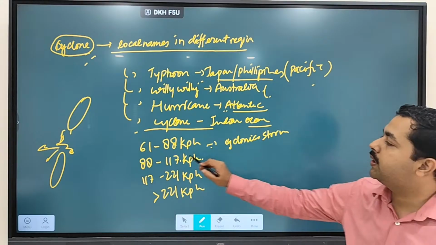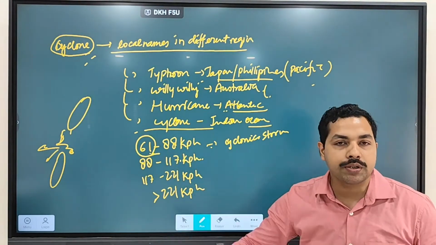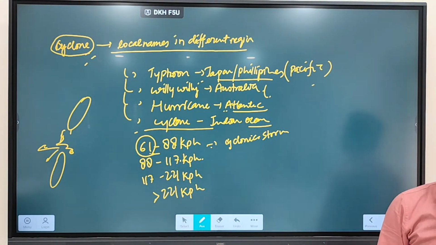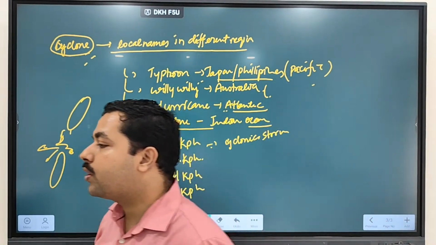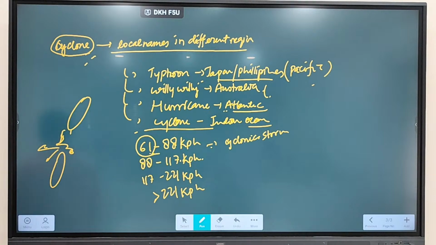So wind speed needs to be greater than 61 kilometers per hour. Okay, so when wind speed is greater than this, we call it a cyclonic storm. Clear? Below this, we don't call it a cyclonic storm. Beyond this, we call it a cyclonic storm.